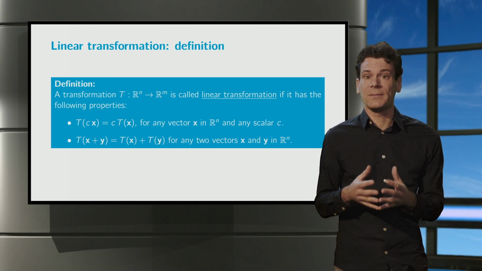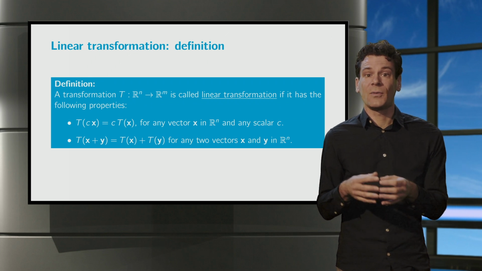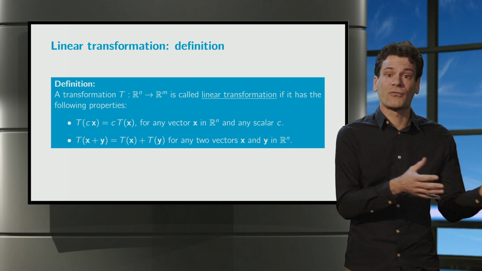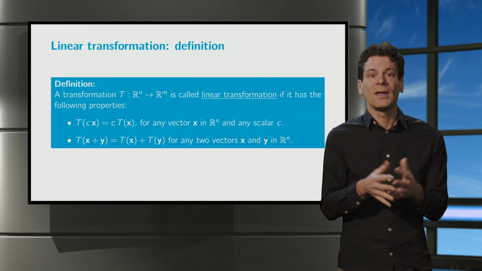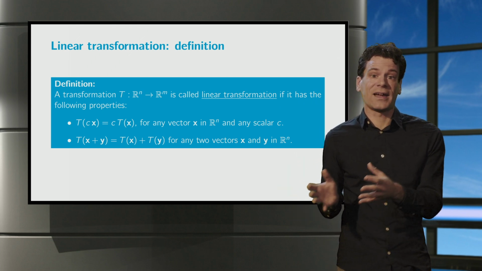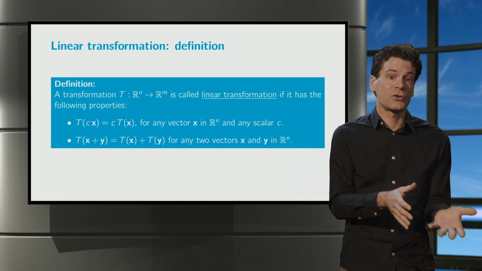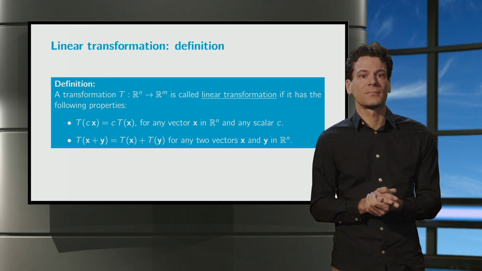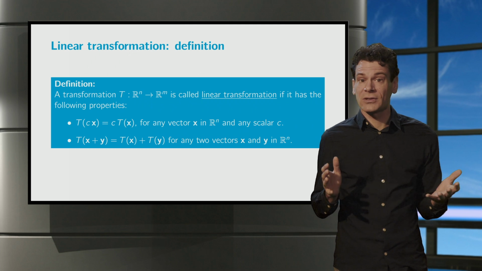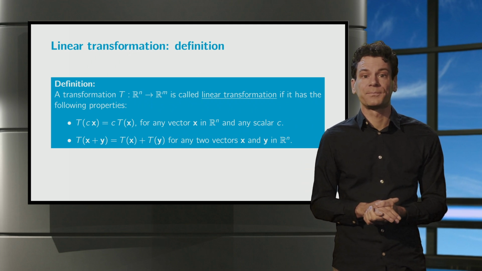The first property means that it does not matter whether you first scale a vector and then transform it, or first transform it and then scale it. The second property means that it does not matter whether you first add vectors and then transform, or first transform and then add. Any rotation around the origin has both properties, so it is an example of a linear transformation.